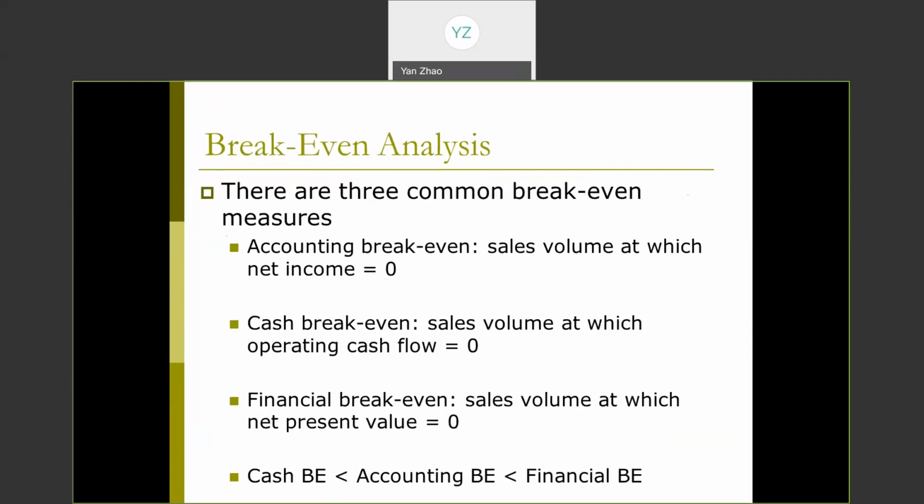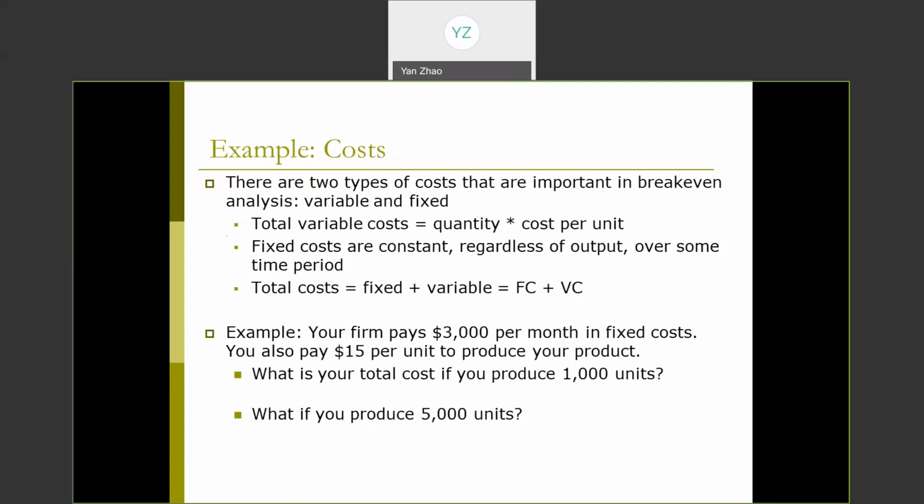Financial break-even number are the sales number at which net present value equals 0. Okay. So the bottom line here is cash flow break-even number is always going to be smaller than accounting break-even number, which is smaller than financial break-even numbers. I'm going to show you in a numeric example later.